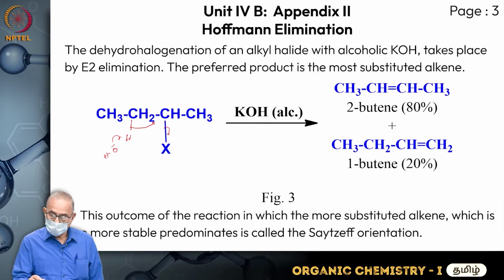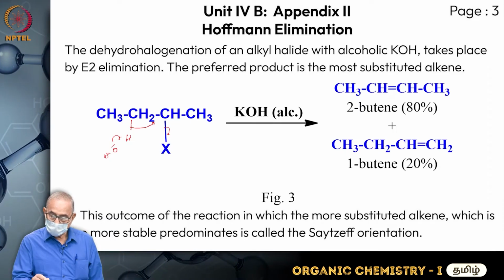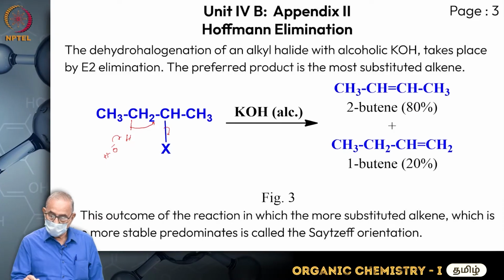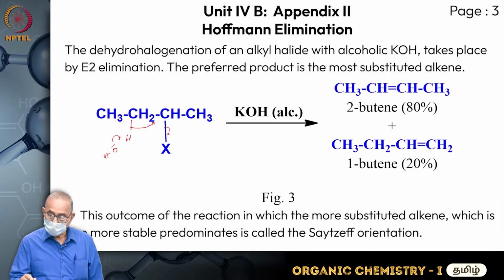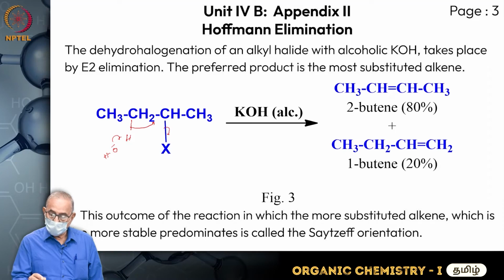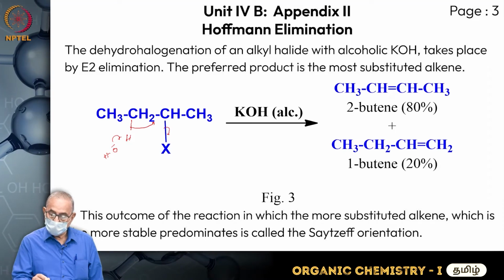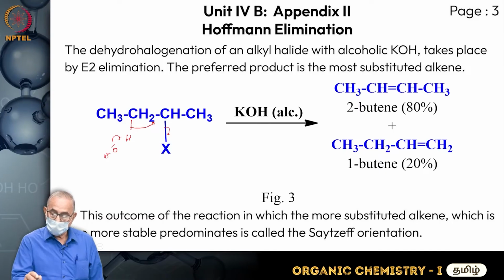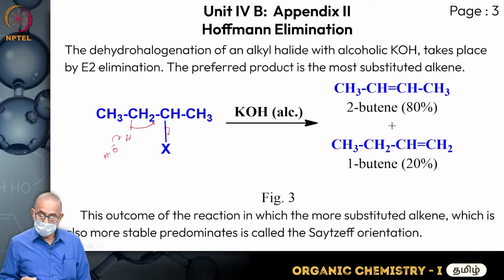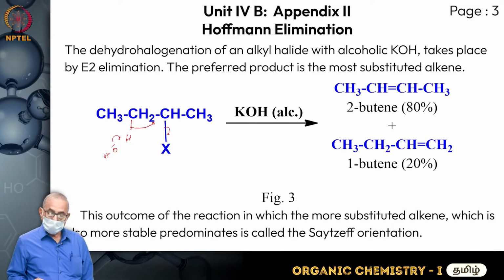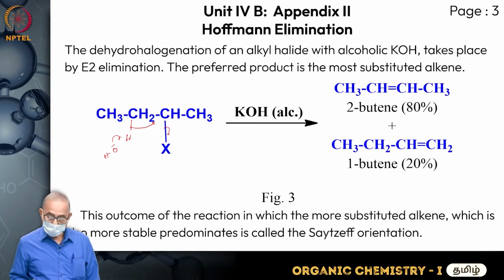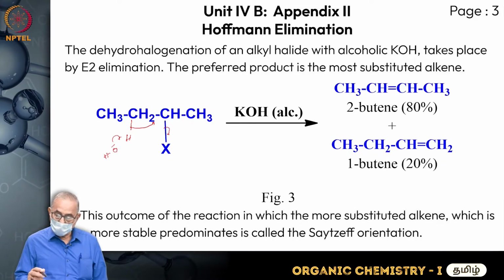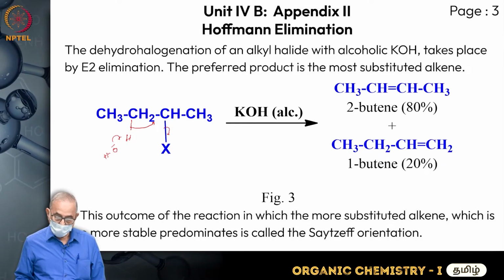You now see this carbon has an alkyl group. This carbon has two CH2 groups. So, the number of alkyl groups on the carbon is 1, here it is 2, here 1 and this 1. So, when it is less substituted, the alkene is less stable, and this is formed only to the extent of 20%.